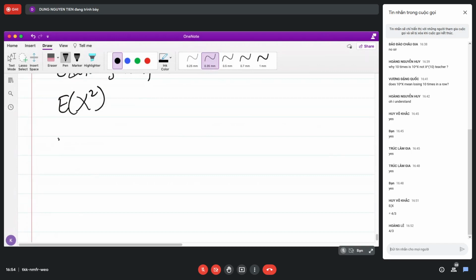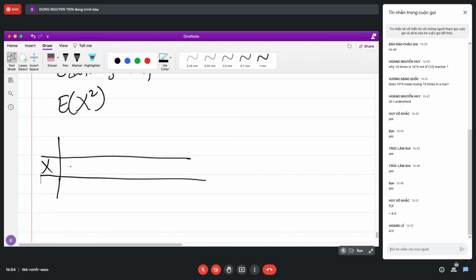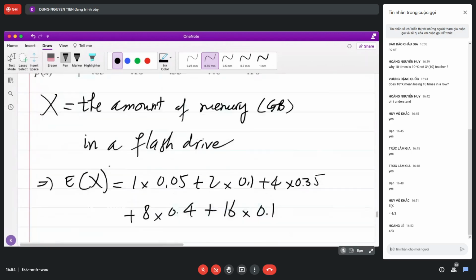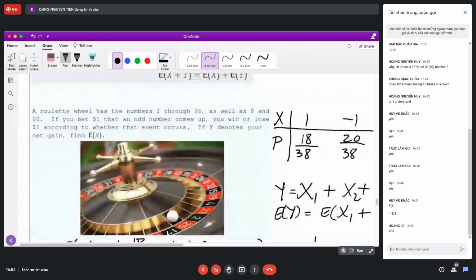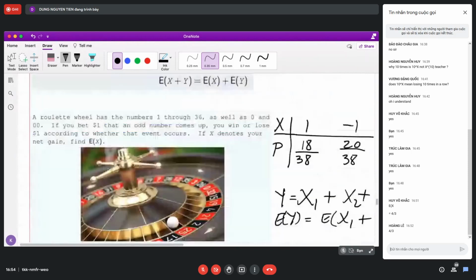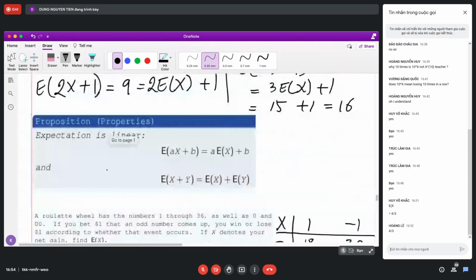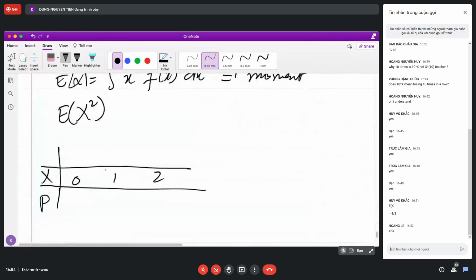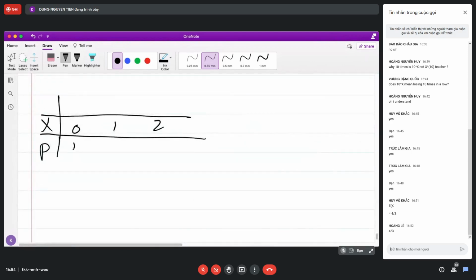Let's go back to the model in which you flip two coins, then you get 0, 1, 2 with probability. Let me go back to the sample. Which sample do we have here? So let's say 0, 1, 2, and we get 1/4, 1/2, and 1/4.